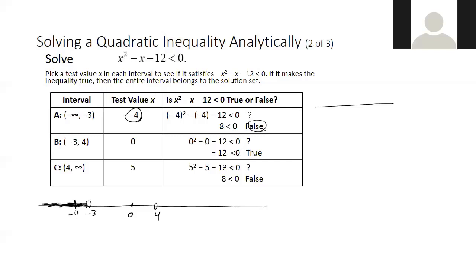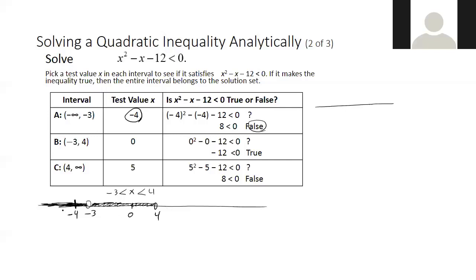Yeah, that makes sense. Minus 12 is less than 0. So all the numbers from -3 to 4 must be the solution, because that is true, that works.